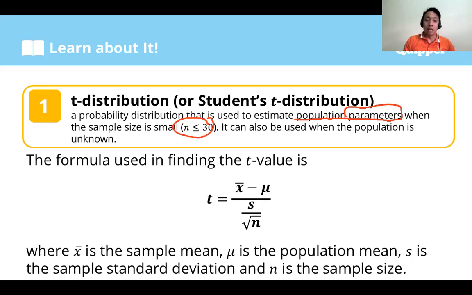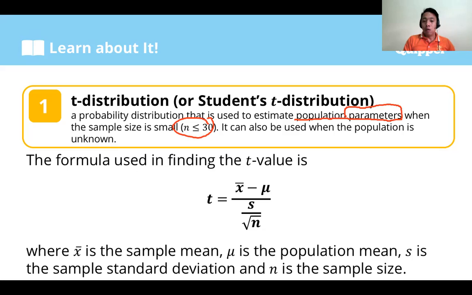We have the sample data, and that is the sample mean, right? And we have the whole population mean, mu, like a U with a long tail. S is the sample standard deviation, and n is the sample size.